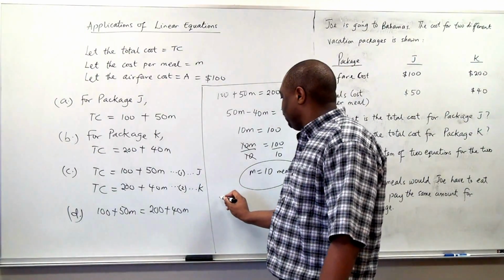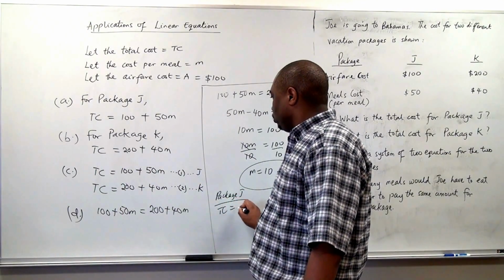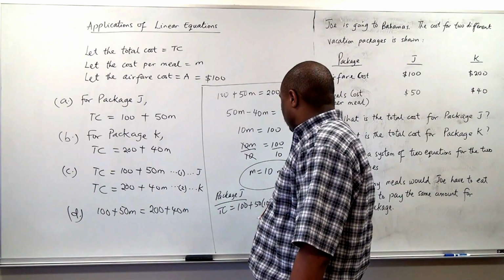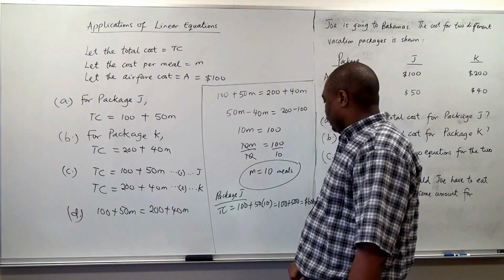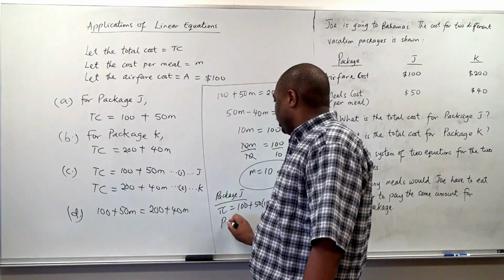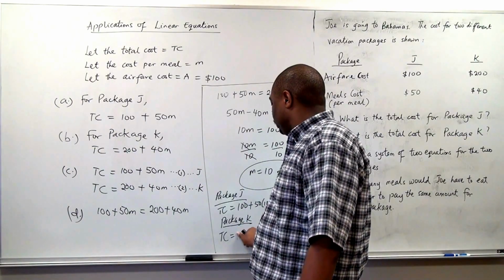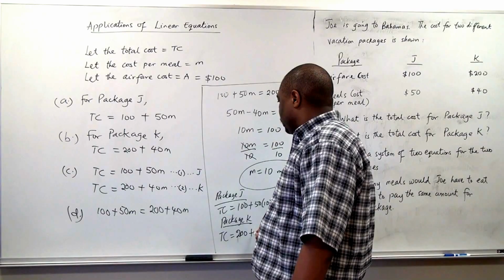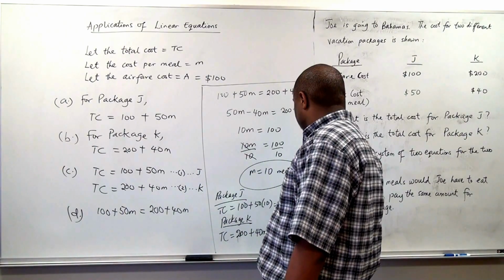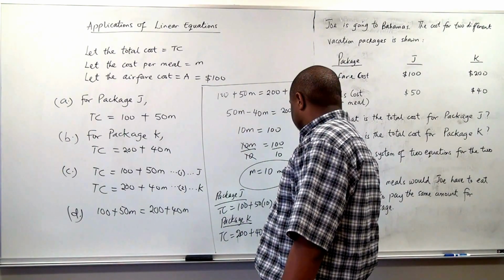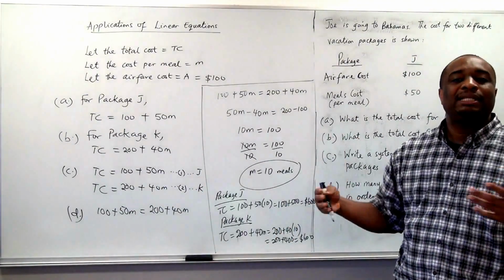If he eats 10 meals, that means for package J, the total cost will be 100 plus 50 times 10, which is 100 plus 500, and that will be $600. $600 for package J. Then for package K, the total cost will be 200 plus 40m, and that will be 200 plus 40 times 10, which is 200 plus 400, which is 600.